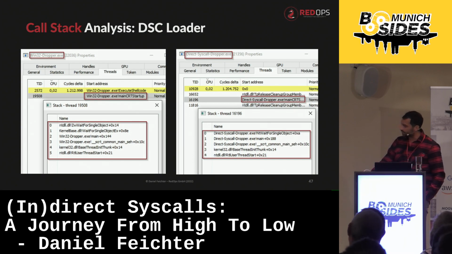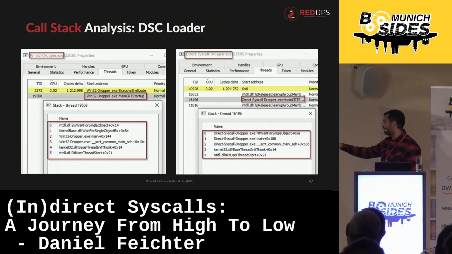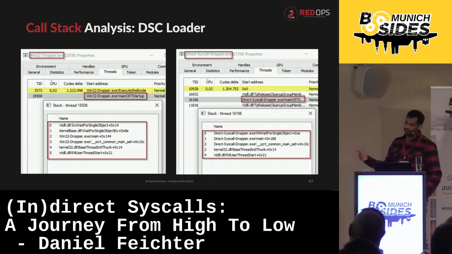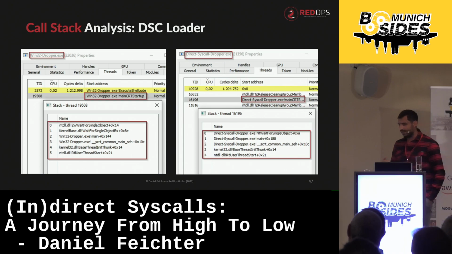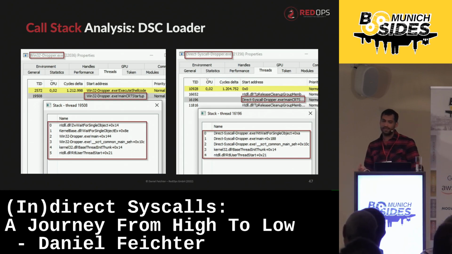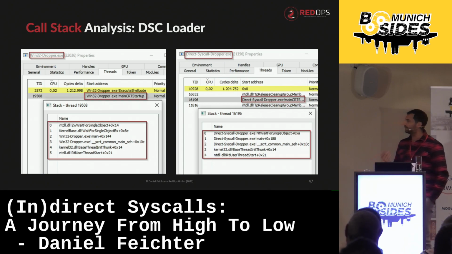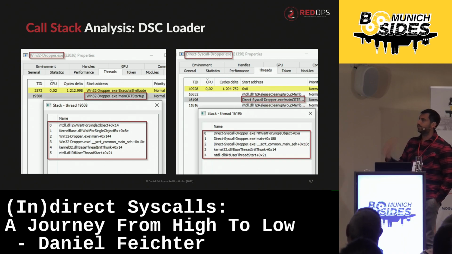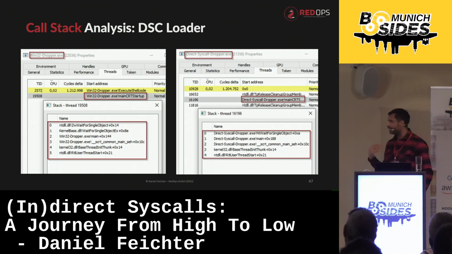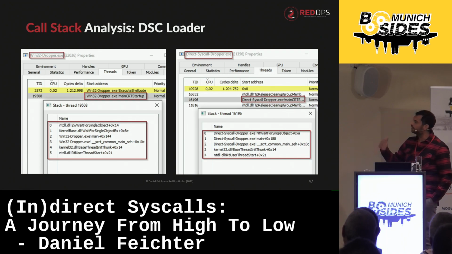For example, the last element, NtWaitForSingleObject, is executed from the text section of the shellcode loader itself. And that is a 100% IOC, because the syscall instruction or the API should always be executed from NTDLL, which means normally NTDLL should be the last element on top of the call stack.